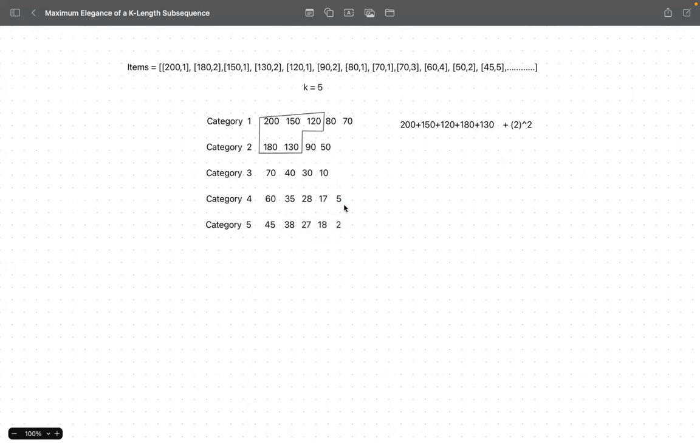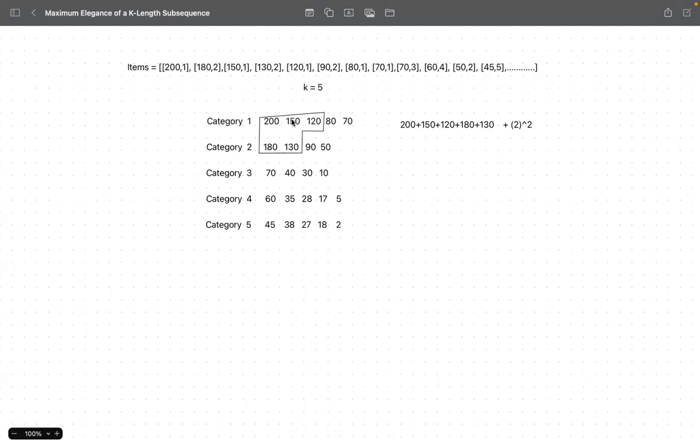So by greedy, we will take note of duplicates. If we are considering a subsequence of these five items, then we will store all the duplicates, because a duplicate means an element whose category has already been used.